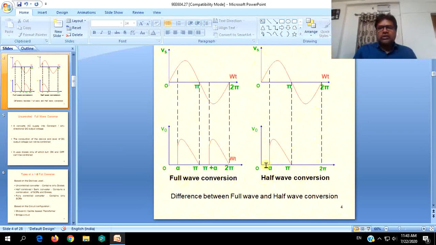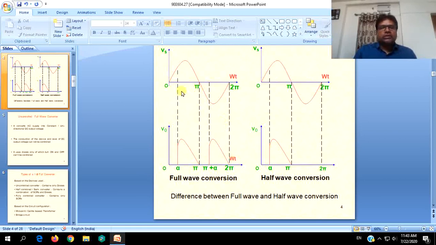This is what we have discussed already, half wave conversion, where only the positive half cycle is allowed to be applied to the load, and during the negative half cycle the total negative supply voltage is blocked and the load will not be getting any negative or positive load voltage or load current during this time. That is, only 0 to pi the load will be getting current and voltage. This is your half wave conversion.